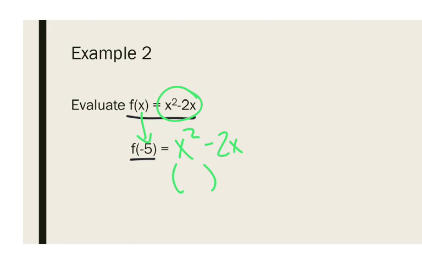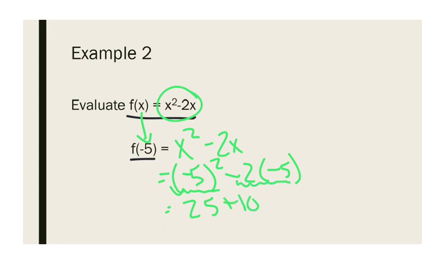So this becomes, notice I'm putting parentheses here, negative 5, the squared on the outside, minus 2 times negative 5. So order of operations, we're going to do our exponents first. So negative 5 squared, negative 5 times negative 5 is positive 25. Negative 2 times negative 5 is positive 10. And then 25 plus 10 is 35.